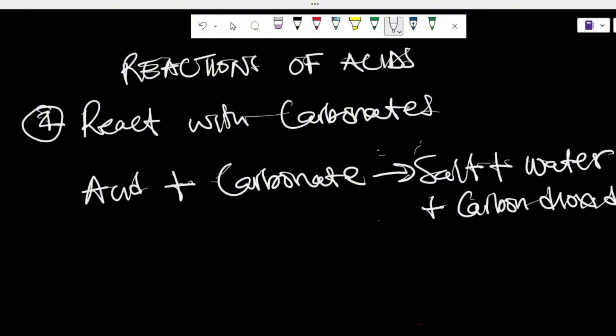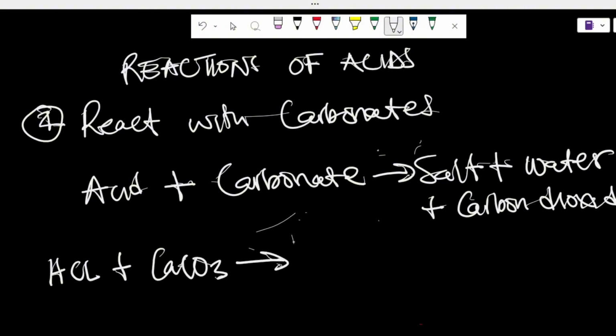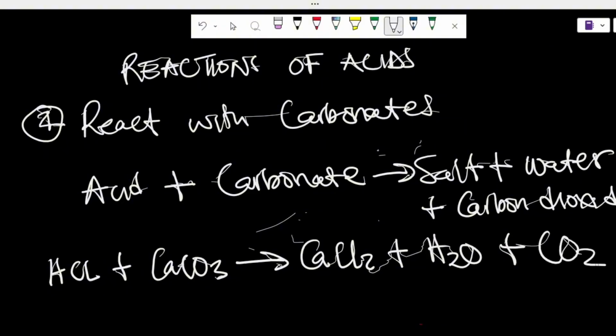So notice that these reactions are different. An example of this will be, let's say we have hydrochloric acid as our acid, and then the carbonate will be calcium carbonate. And when these react, we are going to get calcium chloride plus water plus carbon dioxide.